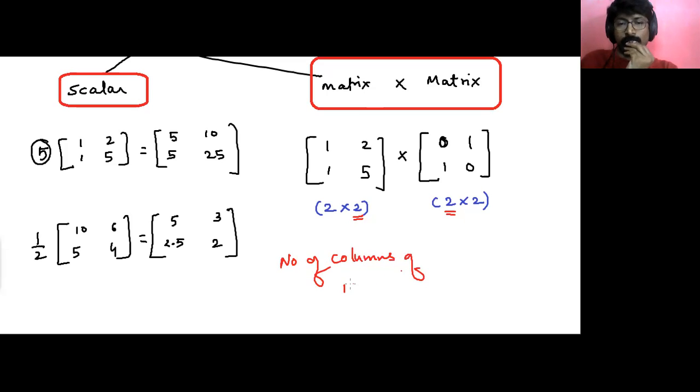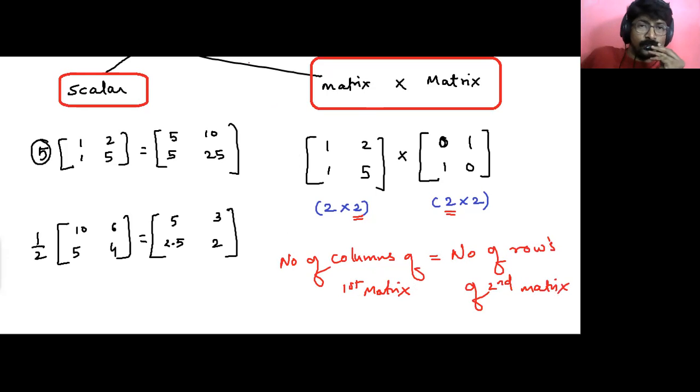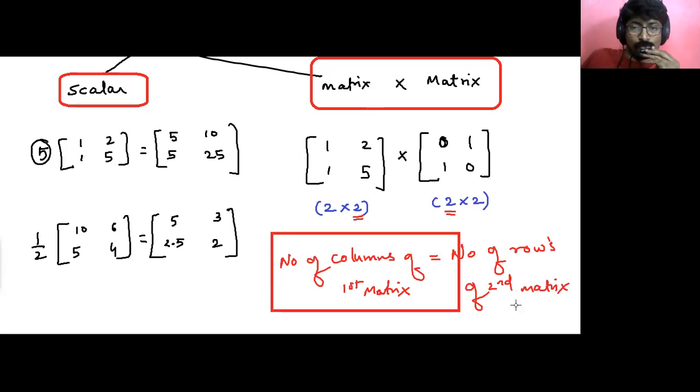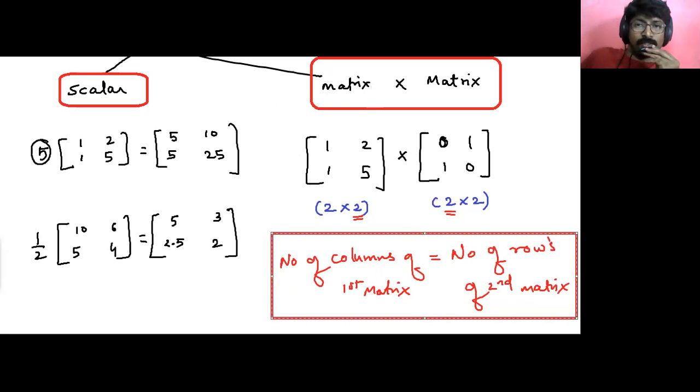Number of columns of the first matrix has to be equal to the number of rows of the second matrix. This is a very strong condition. If this condition is true, then only we can multiply these two matrices.